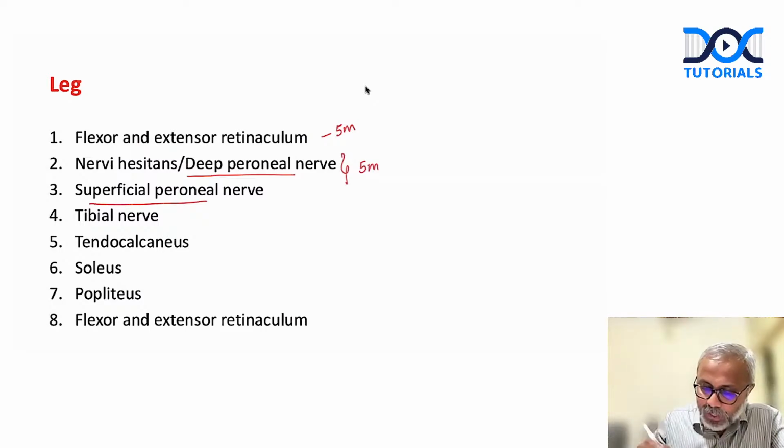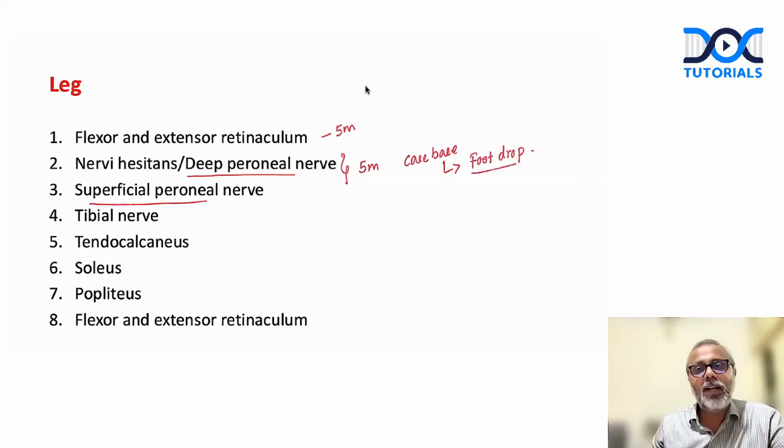The deep peroneal nerve is often asked as a case-based question given the example of the foot drop, right? So a foot drop case is often given if they want to ask about the deep peroneal nerve. If they want to ask about the common peroneal nerve, this is the case that they will give, right?